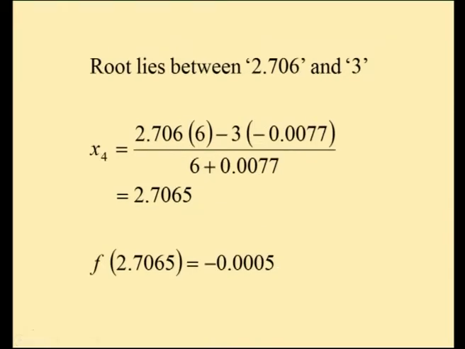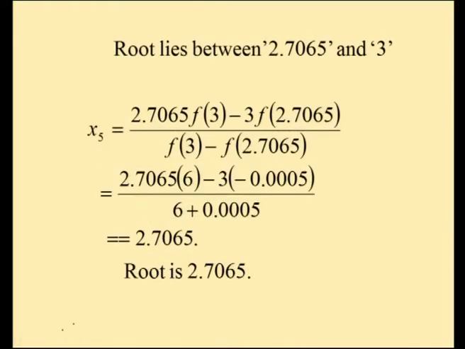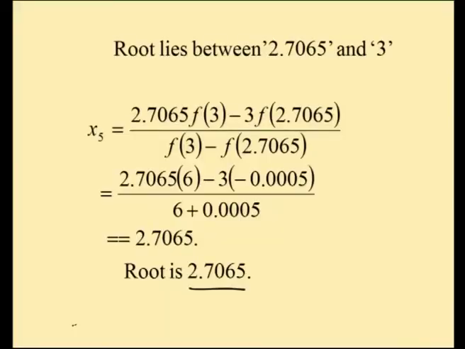You can see x4 is 2.7065 and x5 is 2.7065. So the two iterations x4 and x5 are the same, therefore we conclude the root is 2.7065 for the equation x cube minus 4x minus 9 is equal to 0.